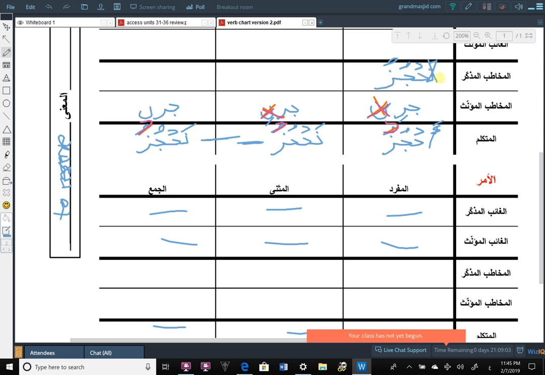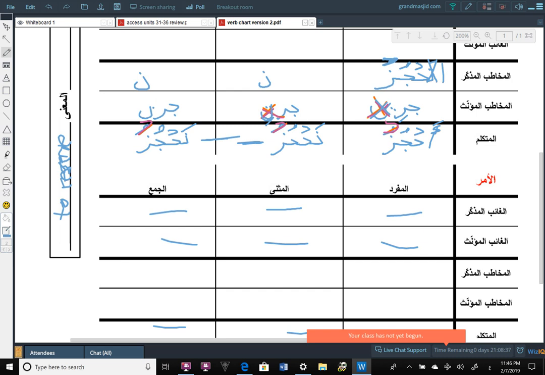Our ha has a sukoon, so we need to add an alif. And instead of the dhamma, we put a sukoon here. And the same thing would be on the feminine. We drop our sign of being marfu' and we just put a sukoon, which would be just having our ya left there, right? The same thing here. We drop our noons. But our noon of niswa will stay there.